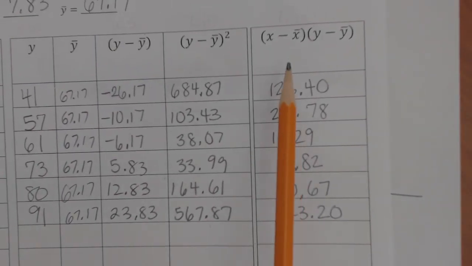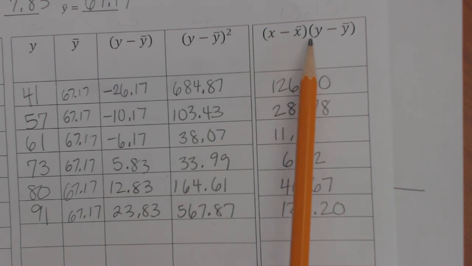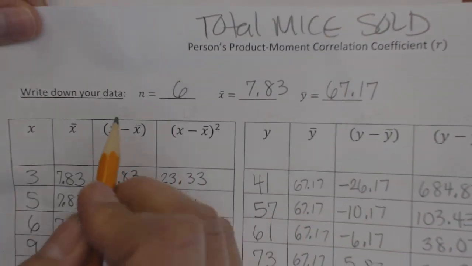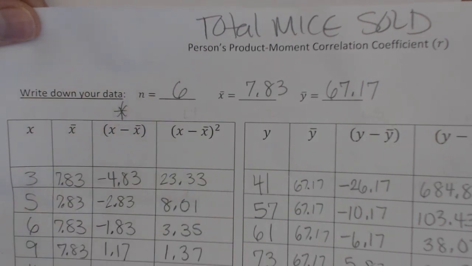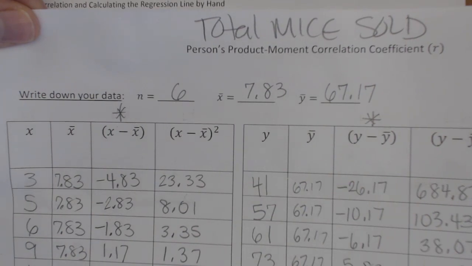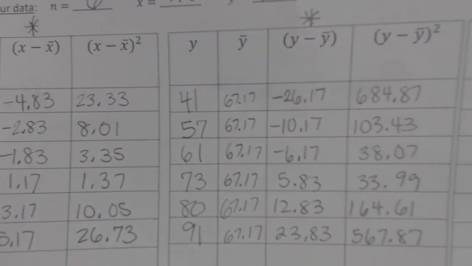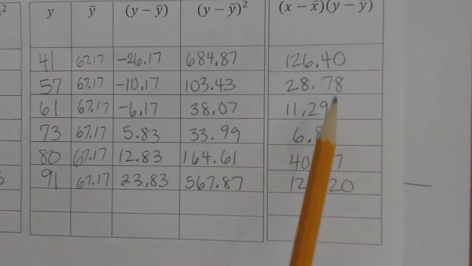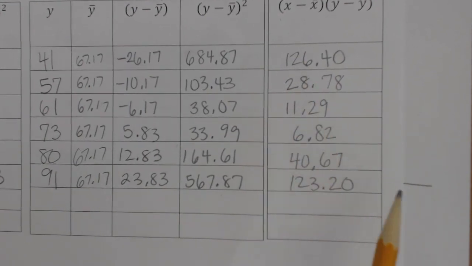Add this column up, and you should get the sum of y minus y bar quantity squared. And then for the last column, please be careful. This is multiplication. We are multiplying x minus x bar, and I like to do a little star over this sometimes to remind myself. You need to multiply that times y minus y bar. So multiplying those two columns, you're going to get this one. Add those all up, and it's okay if this one's negative. That's absolutely fine.